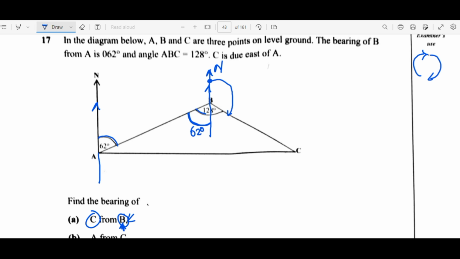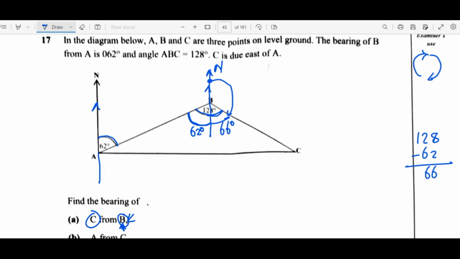Now this angle is 128. So let's subtract 62 from 128. So 128 minus 62. 8 minus 2 is 6. Then 12 minus 6. So it simply means that this angle here is 66.